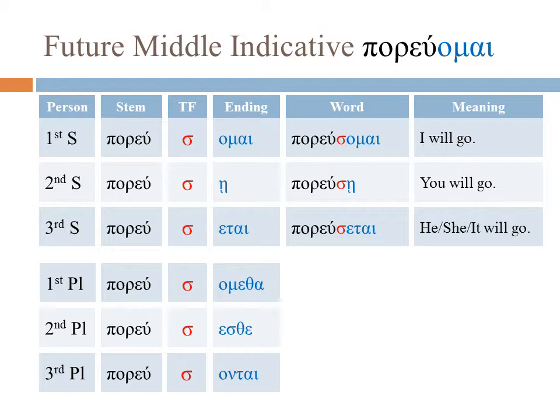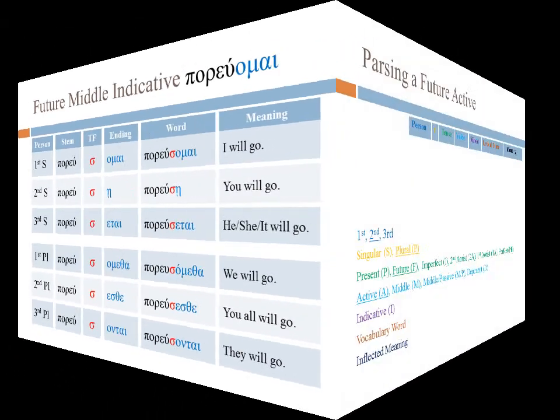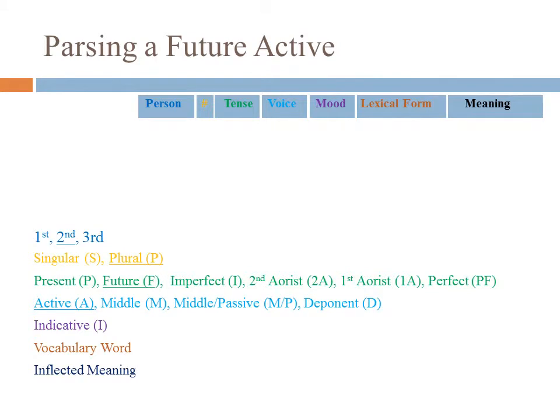Πορεύσεται is he, she, it will go. And then in the plural, the same tense formative, πορευσόμεθα, we will go. Πορεύσεσθε, you all will go. And πορεύσονται, they will go.